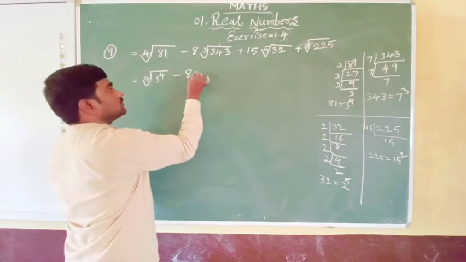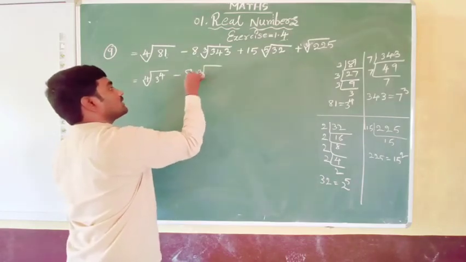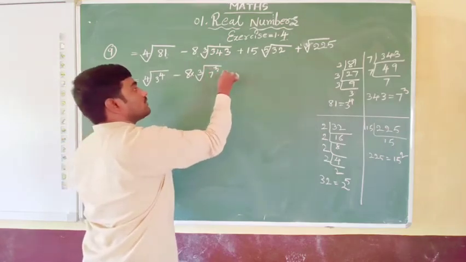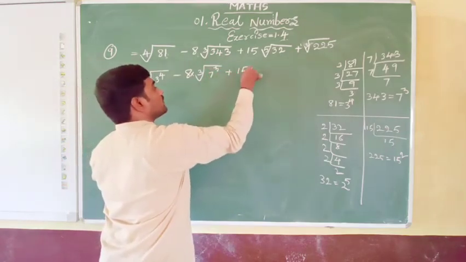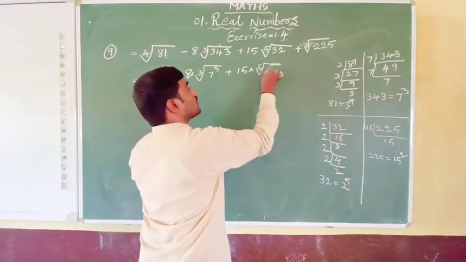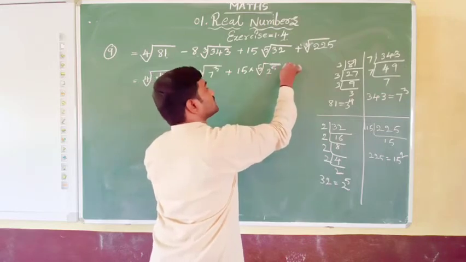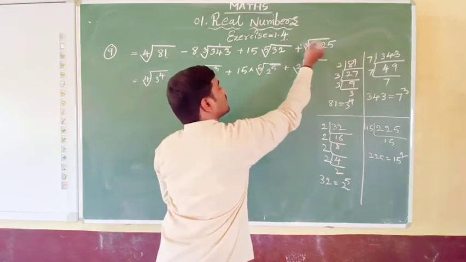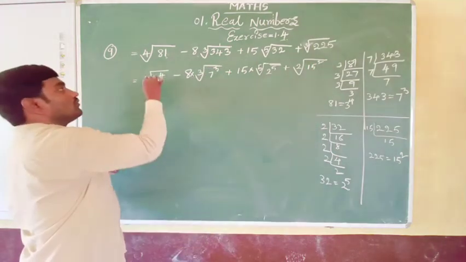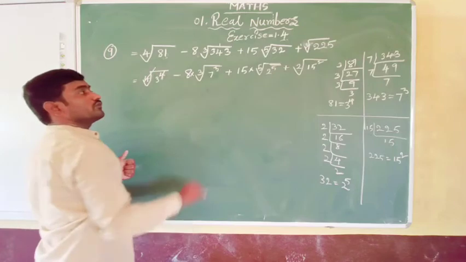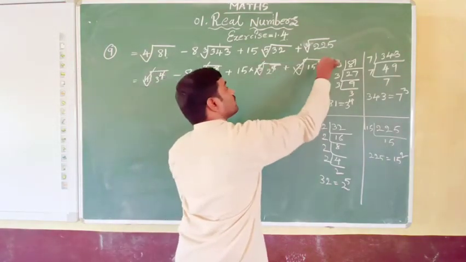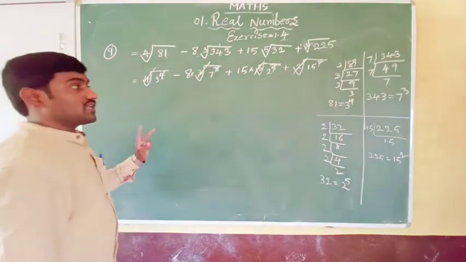Minus 8 into cube root of 343, we can write as 7 cube, plus 15 into 5th root of 32, we can write as 2 to the power of 5, plus the square root of 225, we can write as 15 square. See that 4th root with power 4, cube root with power 3, 5th root with power 5, square root with square, we can get the answer.